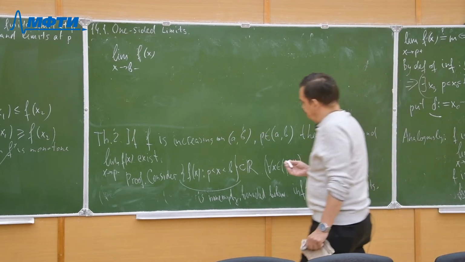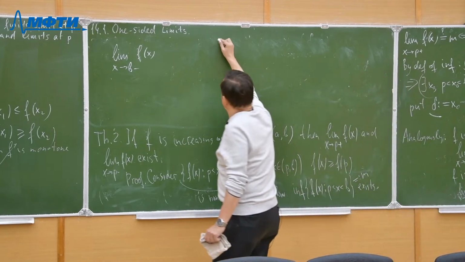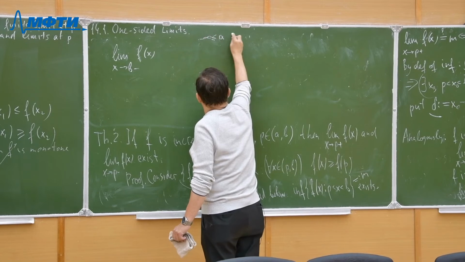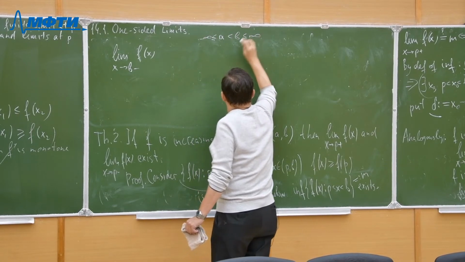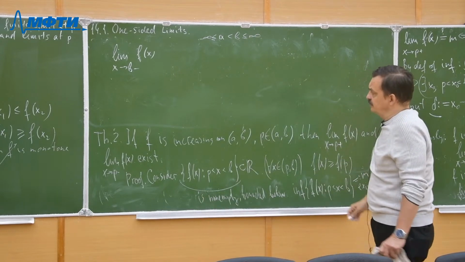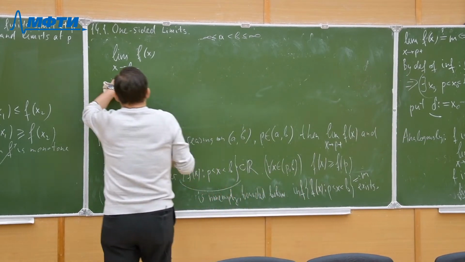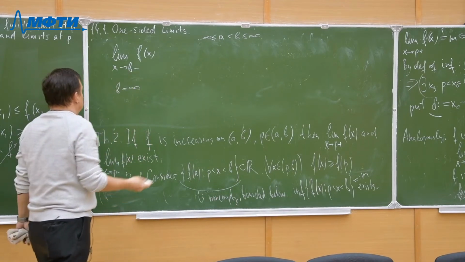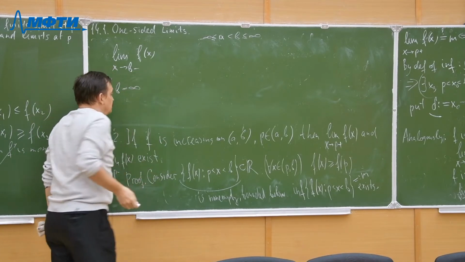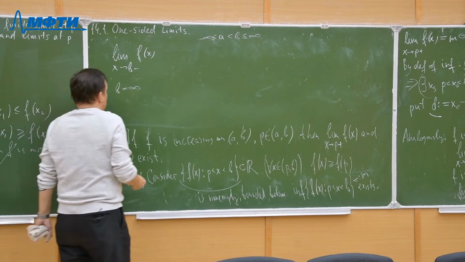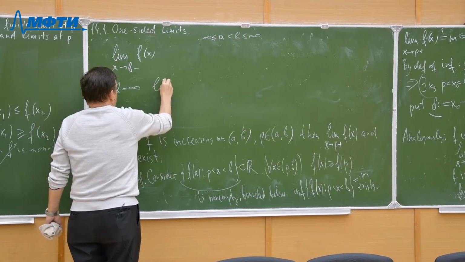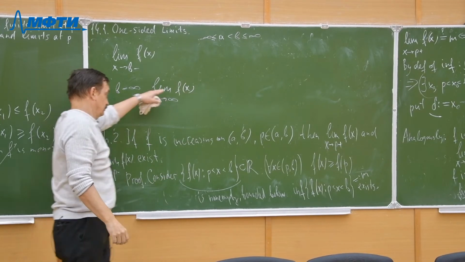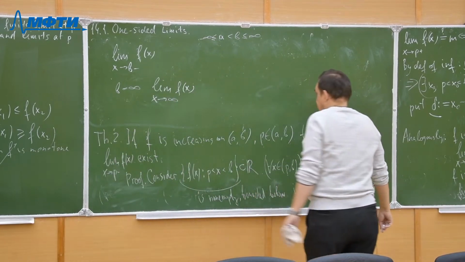Of course, recall that we didn't suppose, so b might be infinity, right? And if b is infinity, then it makes no sense to write like that. So that was not defined simply, right? We are talking only about the limit as x tends to infinity of f of x. But about this also it's natural to talk about.